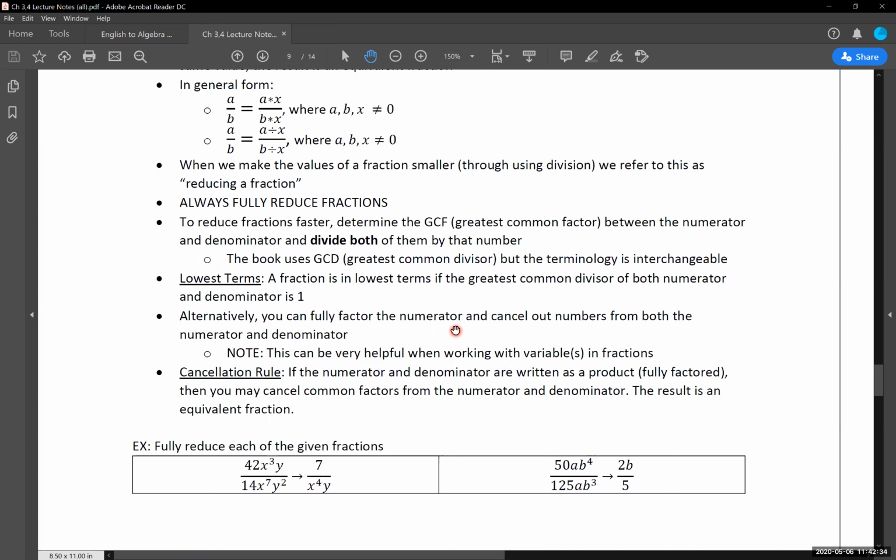You could go through and use that if you'd like to. Again, multiple options on reducing these things down. And then our cancellation rule says if we write these things as a product, fully factored, then we can cancel common factors from the numerator and the denominator, and we get an equivalent fraction. Essentially, it's the formalized rule of we can cancel things out and get answers.